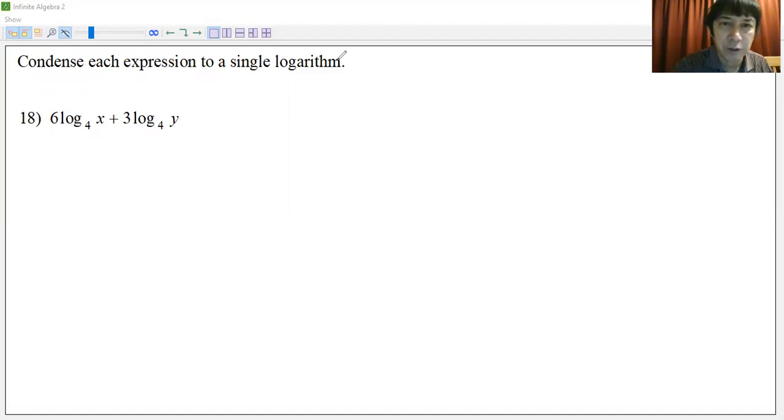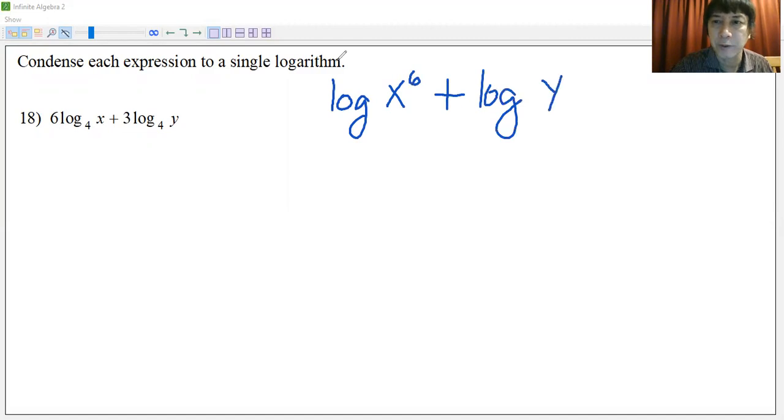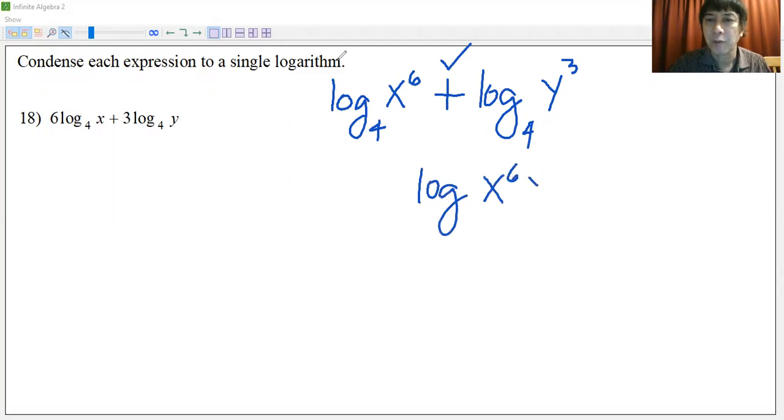So you can write this right away as logarithm of x to the 6 plus logarithm of y to the 3, and these are both base 4. If it's a plus, then x to the 6 will be multiplied by y to the third. So this will be a logarithm of x to the 6, y to the third, base 4.